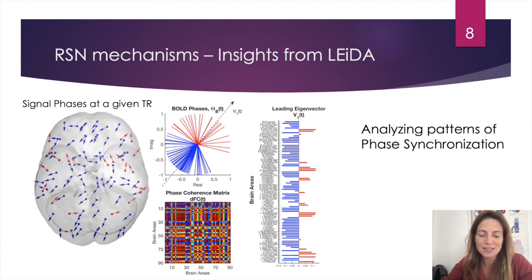Some brain areas would project in one direction of this orientation, here colored in blue, and other brain areas would project in the other direction, here colored in red.